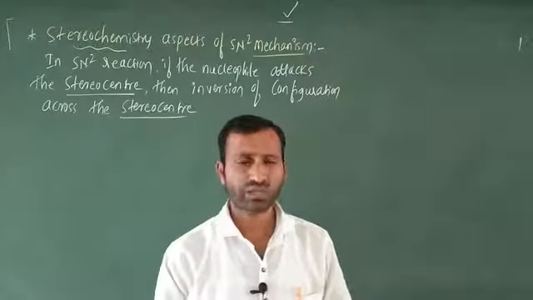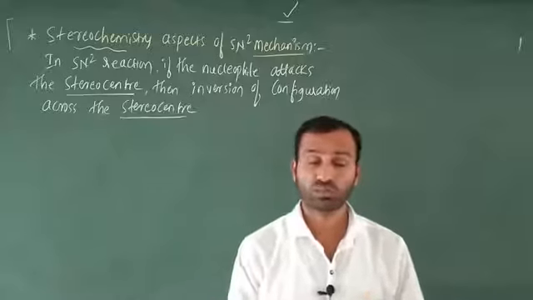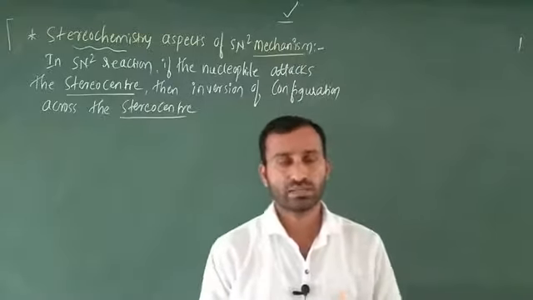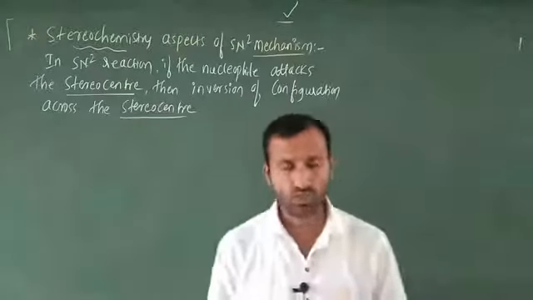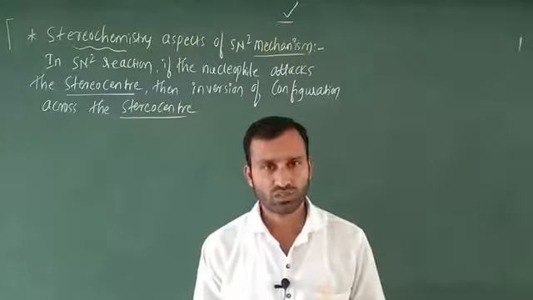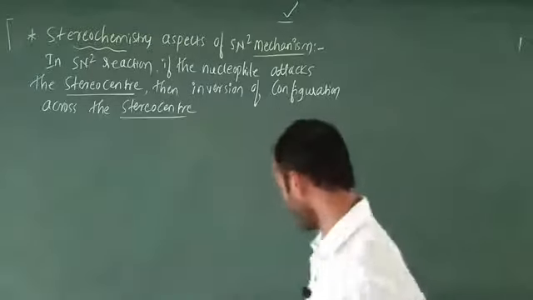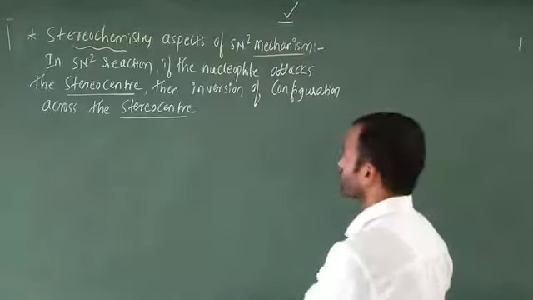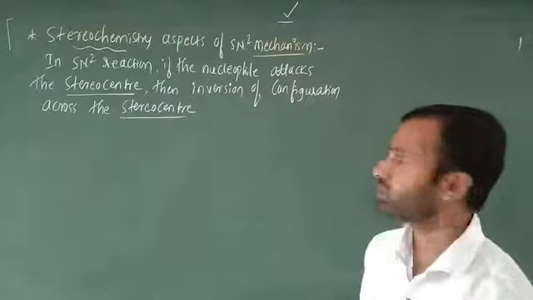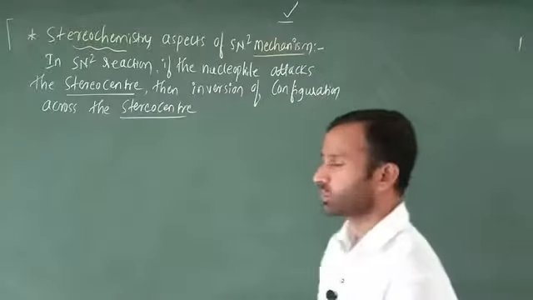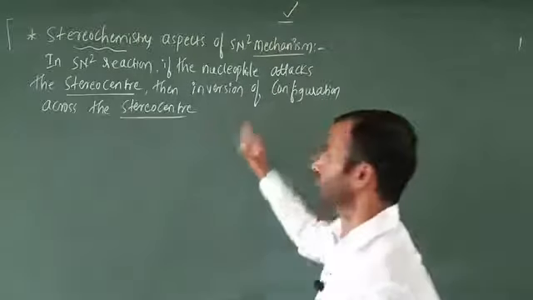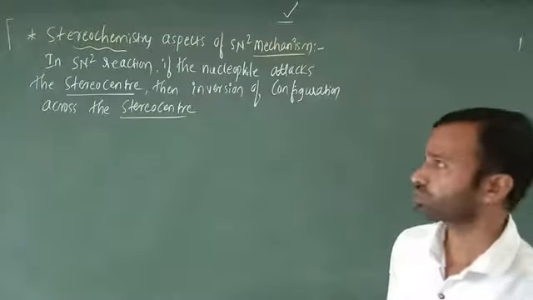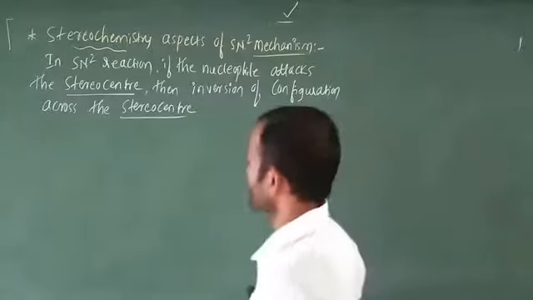In this class we are going to study the continuation of SN2, that is, the stereochemical aspect of the SN2 mechanism. Here the important point is stereochemistry: what is a stereocenter? In an SN2 reaction, if the nucleophile attacks a stereocenter, what is the meaning of stereocenter?